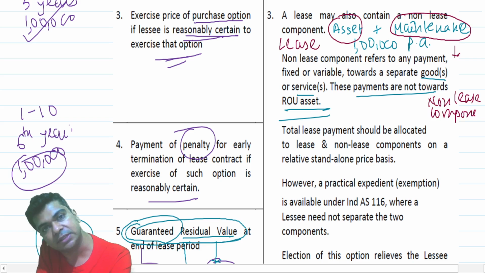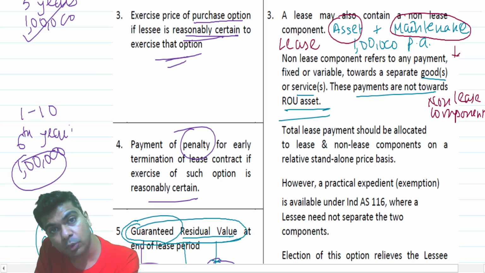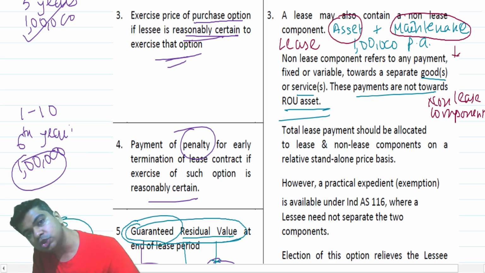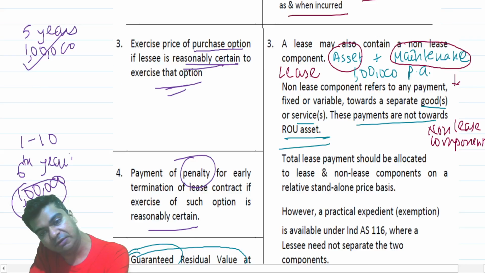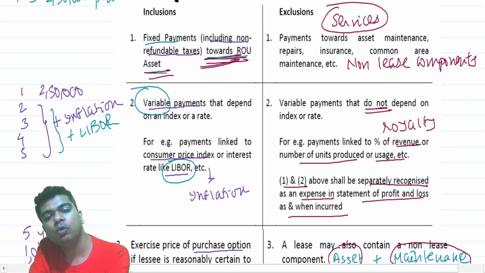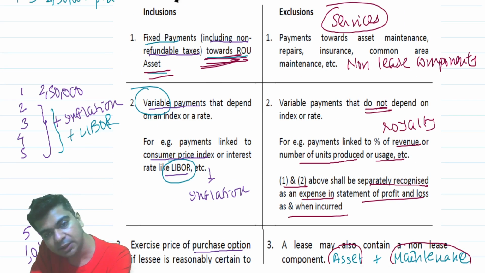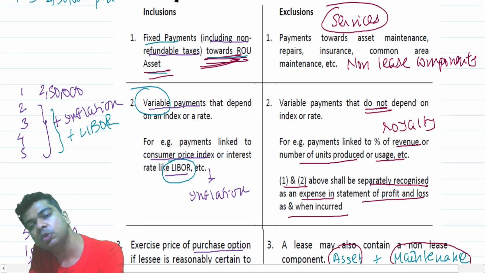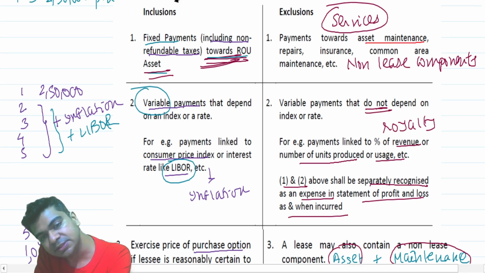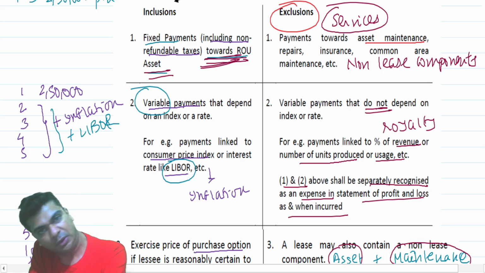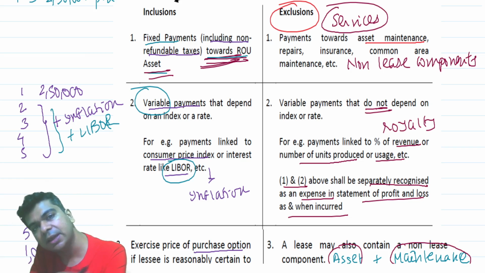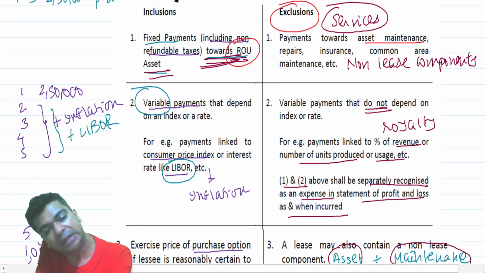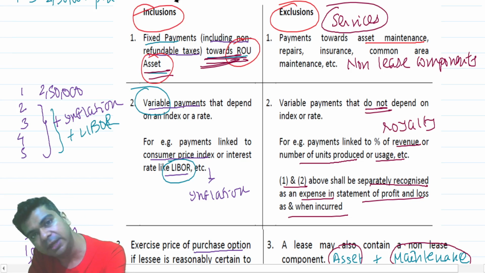Lease component and non-lease component should be separated, right? In part 1 itself, we have made it very clear that any payment towards asset maintenance is excluded. So if you are paying a lakh of rupees, then a certain portion of the 1 lakh is towards the maintenance. It should be excluded, because what you are paying for the ROU asset, only that can be included.